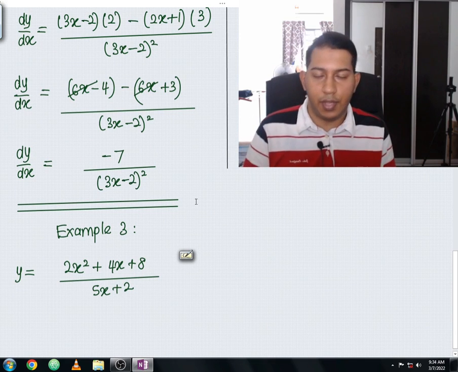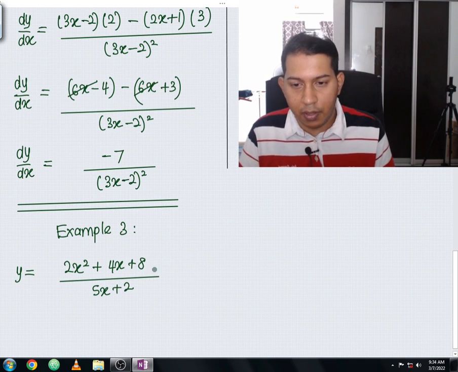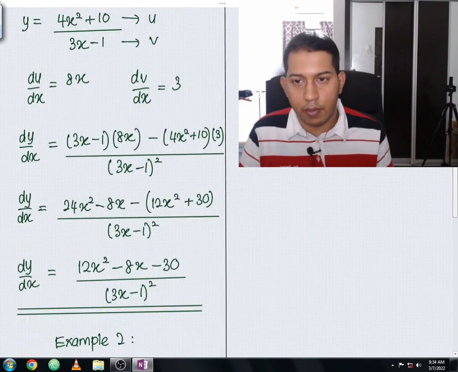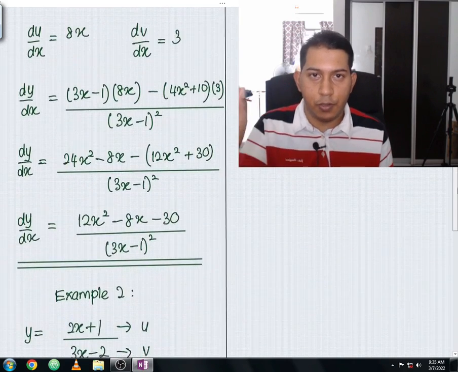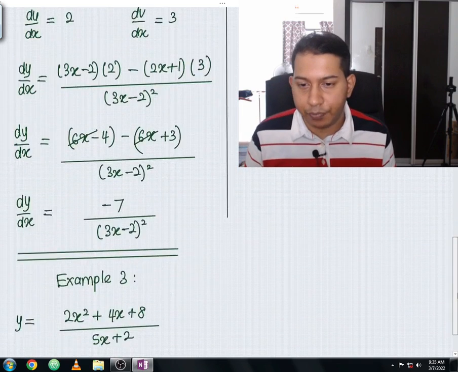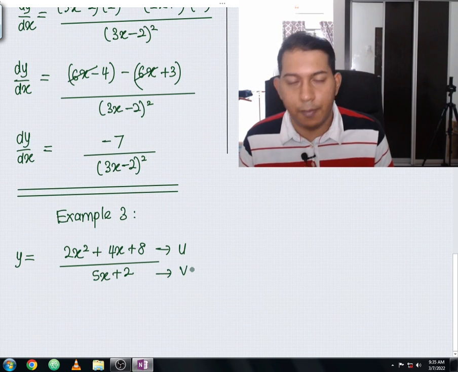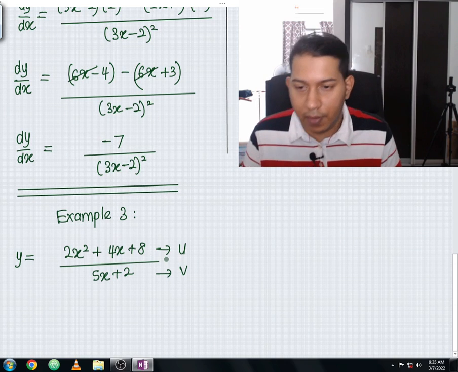Let us solve this together. Step number 1, identify which one is the u and v. Based on the quotient rule formula, y is equal to u over v, so the numerator is u and the denominator is v. Let us perform the differentiation of u and v respectively.